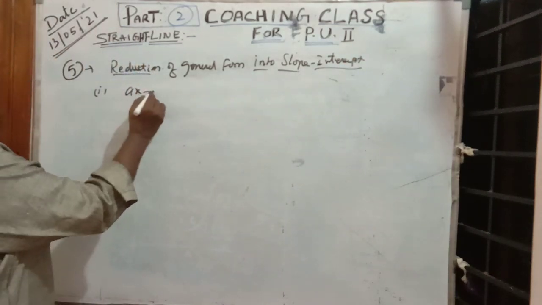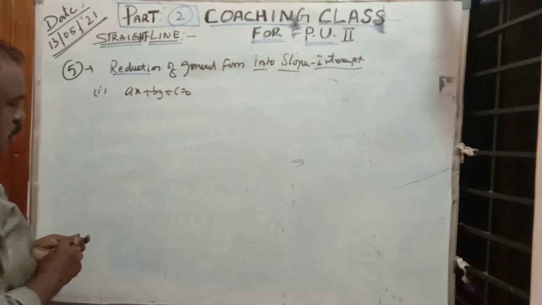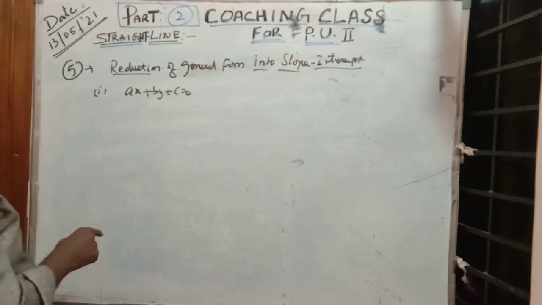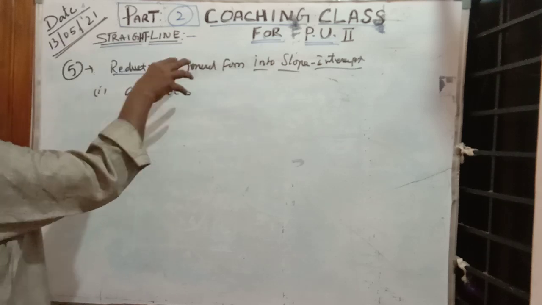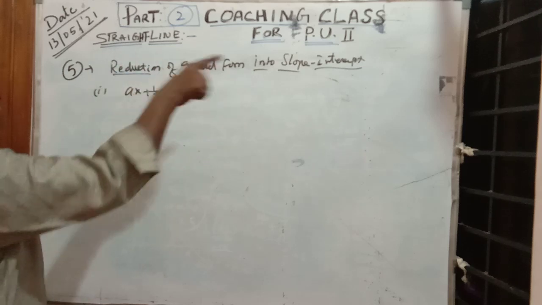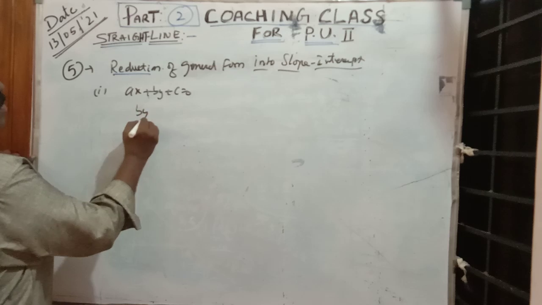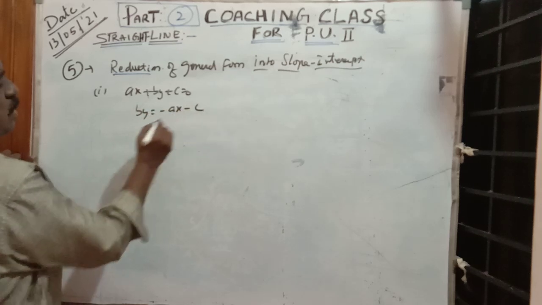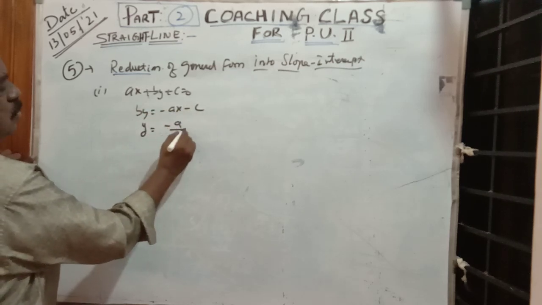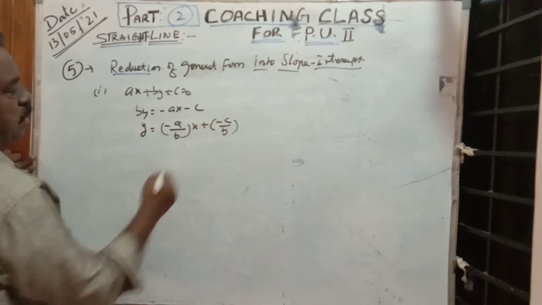It is ax plus by plus c is equal to 0, the general form. The general form can be reduced into the slope-intercept form. You see, by is equal to minus ax minus c, y is equal to minus a by b x plus minus c by b.